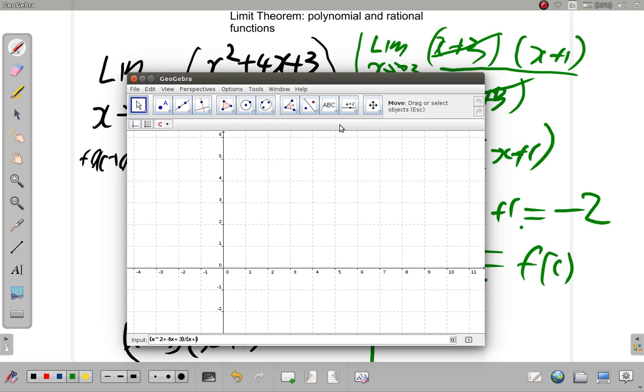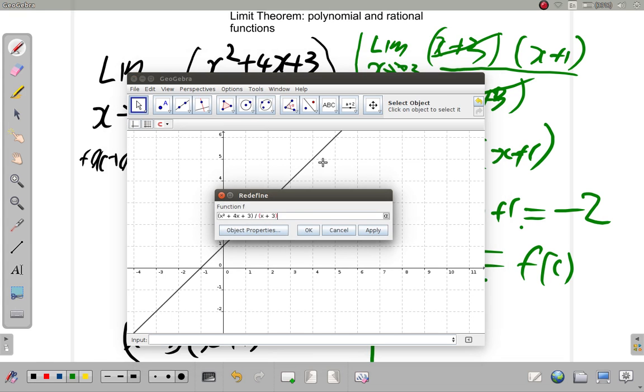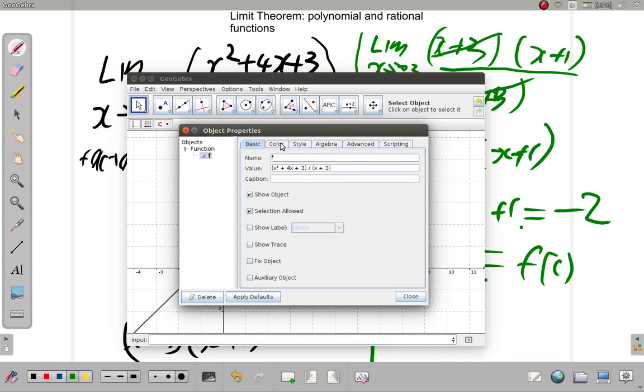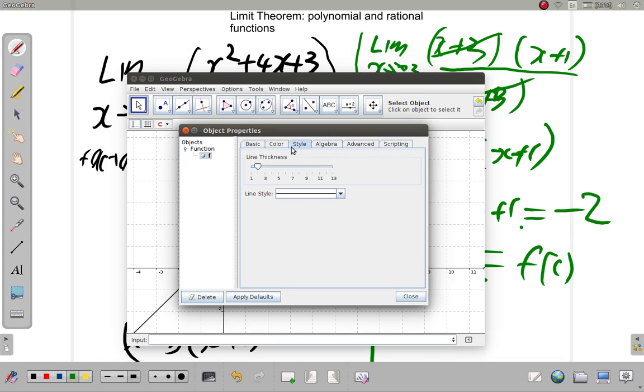Alright. Let me make this thick so you can see it clearly.